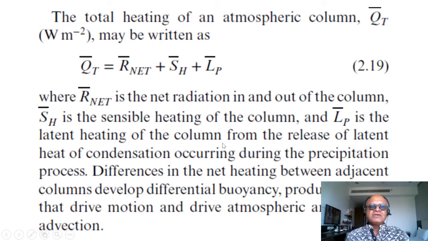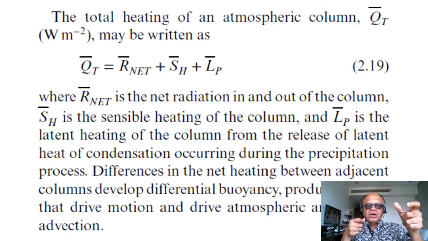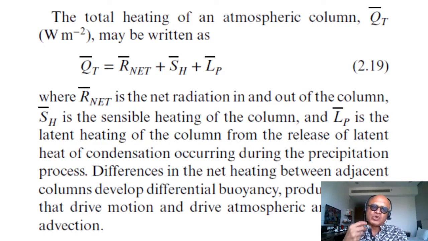And L bar P is the latent heating of the column from the release of latent heat of condensation, which happens typically during rainfall or precipitation processes. The differences in this net heating between adjacent columns is what gives us the differential buoyancy, and that can drive motion, could be zonal or meridional.